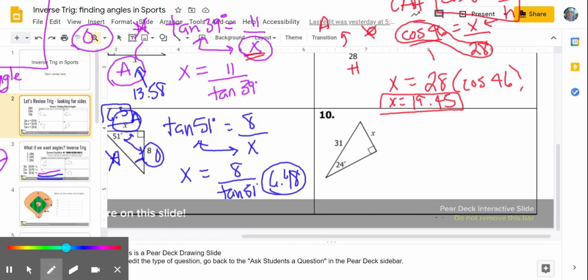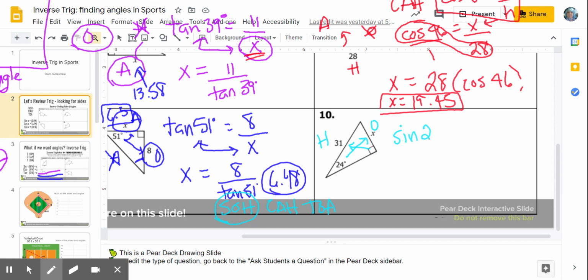What about 10? Is that going to be SOH, CAH, or TOA? It is going to be sine because we've got the opposite side and the hypotenuse side. So O and H go with sine.